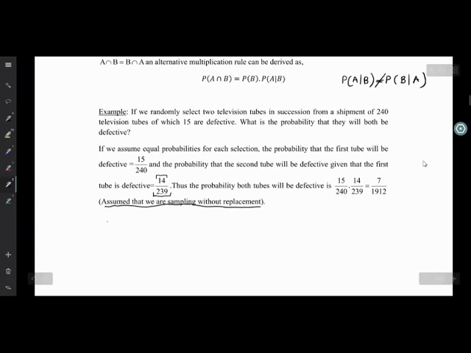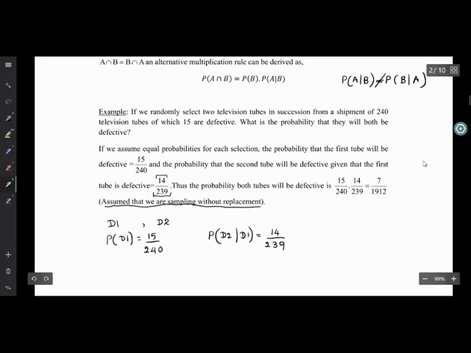So let's define the first is a defect as D1 and the second is a defect as D2. The probability that the first is a defect is 15 over 240. This 14 over 239 is the probability that the second is a defect given that the first one is also a defect.